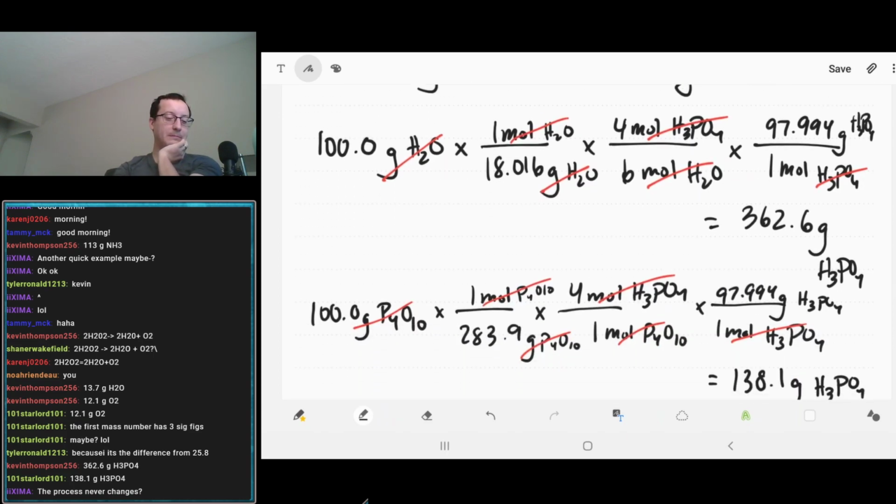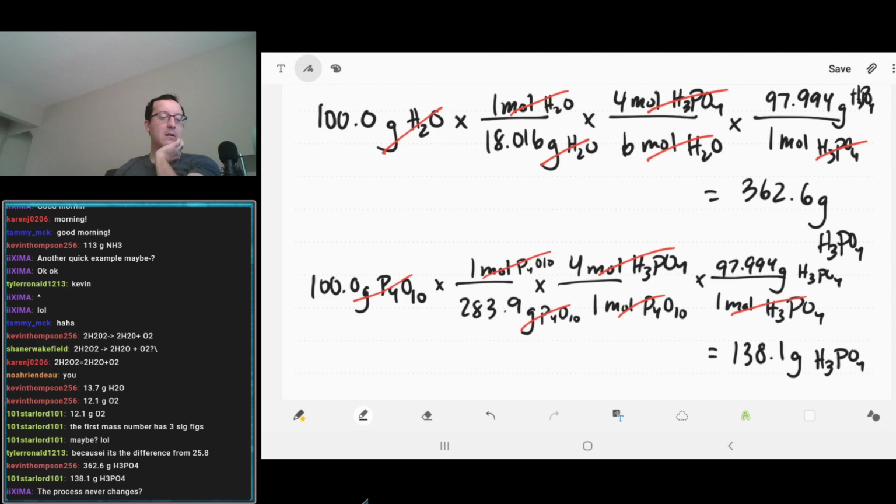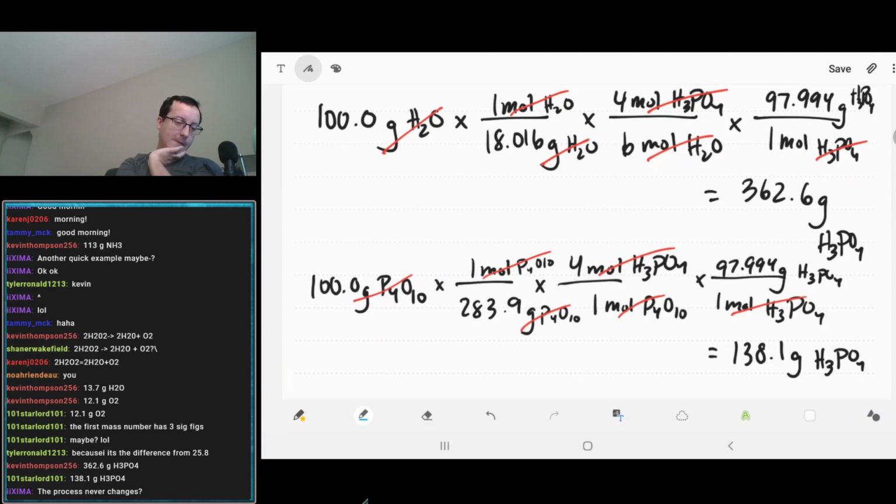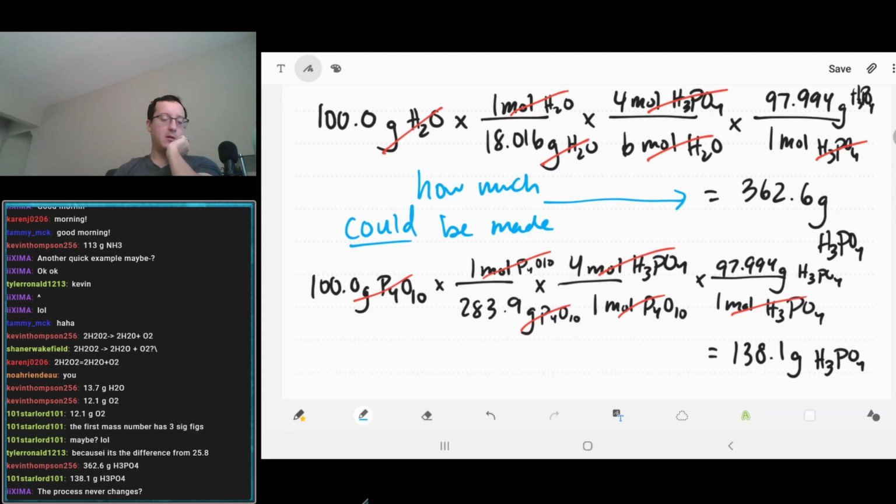So, what these numbers actually mean is, this is how much that could be made from 100 grams of water.